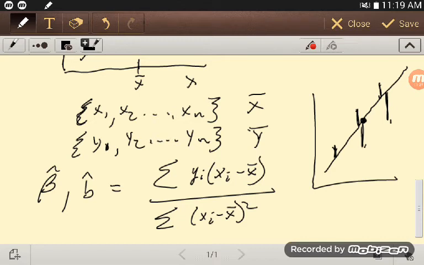Well, what this b hat does is it finds the slope of a line such that the sum of the squares of all those distances is minimized. And that's why it's called least squares, because we found the least of the sum of the squares of those deviations. They're those vertical deviations.